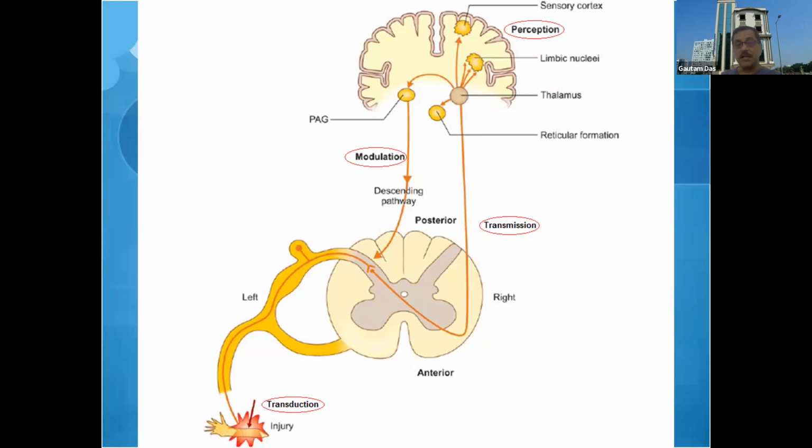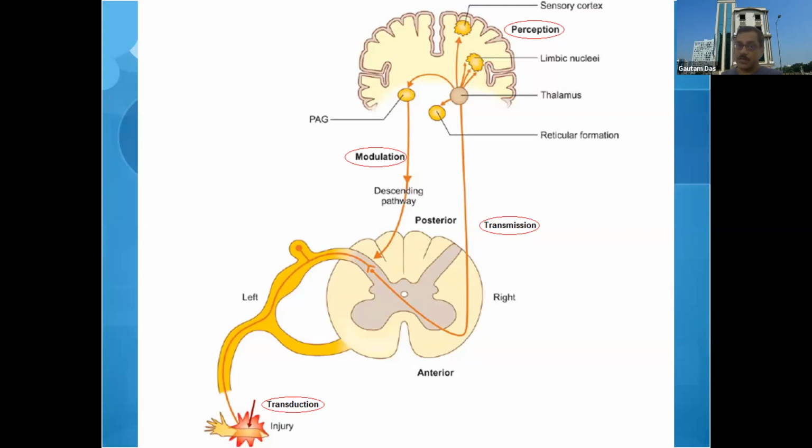Transduction means generation of action potentials. What is an action potential? An action potential is an electrical signal. So how is this electrical signal generated, particularly when we're talking about pain? We frequently call it a noxious stimulus. So what are the noxious stimuli which can generate action potentials or electrical signals?